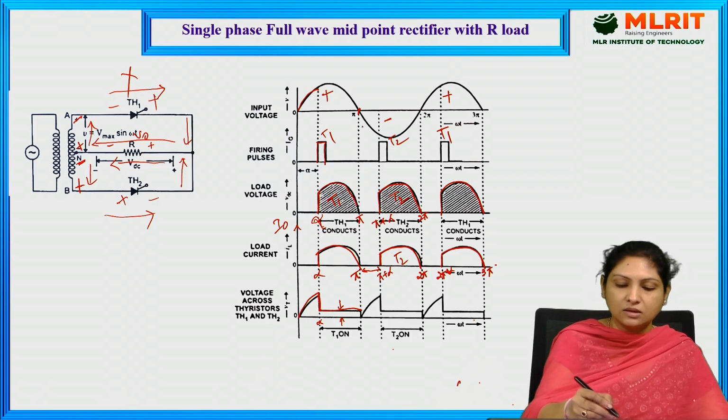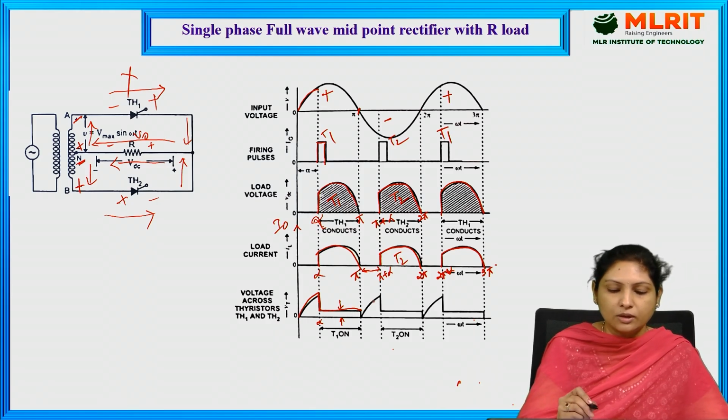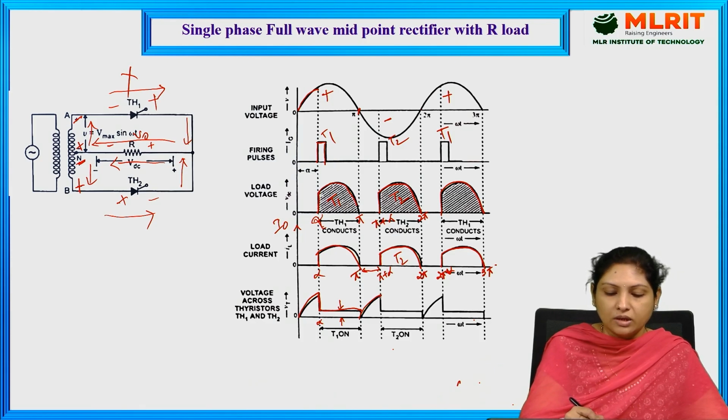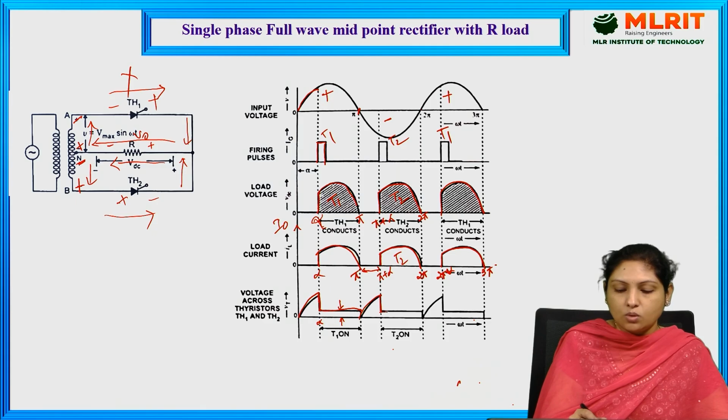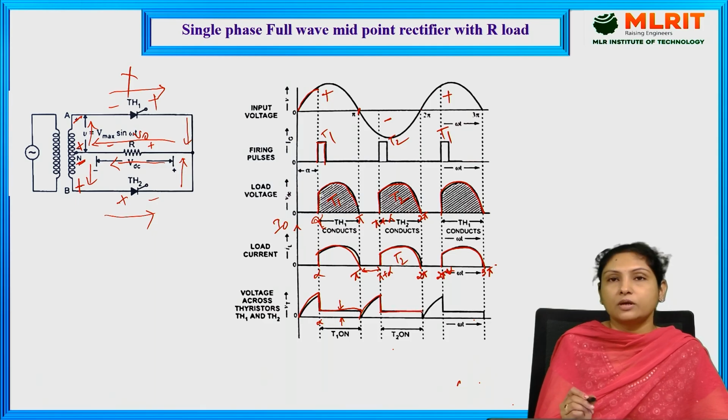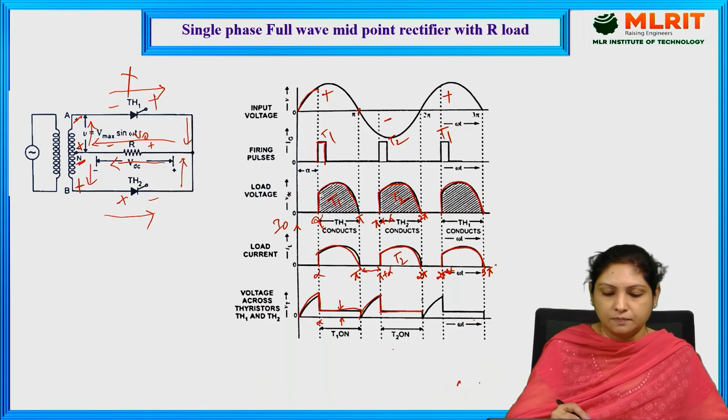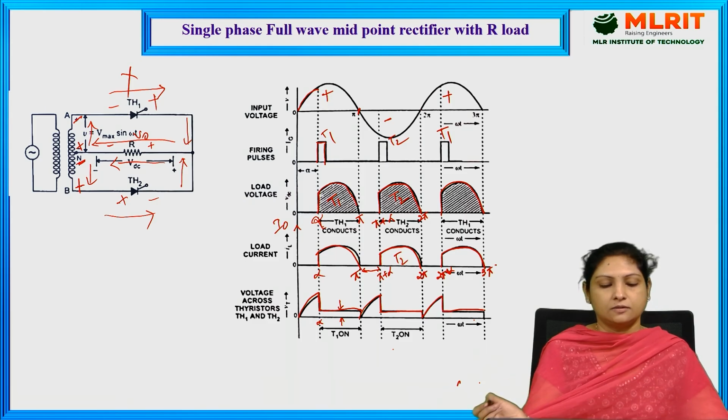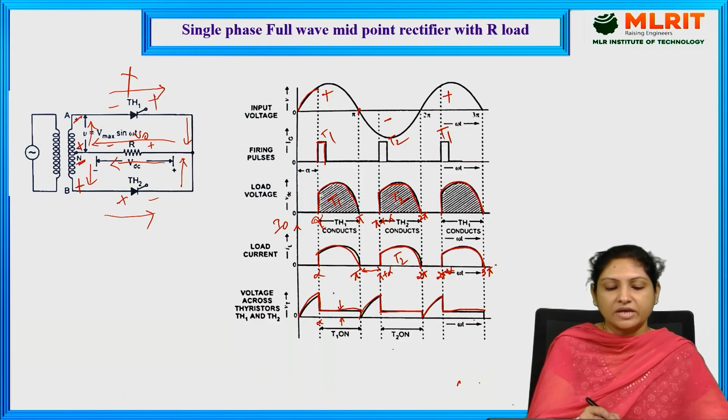That is the reason whatever the supply voltage is will appear across this particular thyristor. And again, now thyristor 2 is conducting. So that is the reason the on-state voltage drop of the device will appear across the circuit. And the cycle repeats.